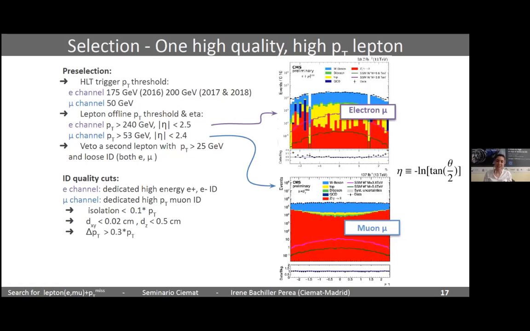We look at this distribution for our channels, and it's very clear to see. For high values, the data is above the standard model prediction because you have all the cosmics. It's a very nice distribution. You find all the cosmics, and we cut them. Thank you very much. Thank you.